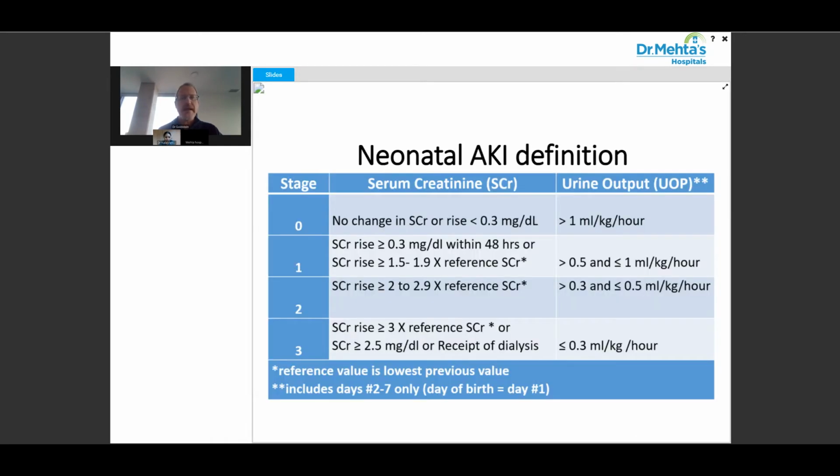The neonatal AKI definition is a little different because, especially when we think about changes in creatinine for infants, with the creatinine reflecting the mother's creatinine for the first 48 to 72 hours, and differences in normal urine output, a neonatal definition was used, which was a modification of the KDIGO criteria.